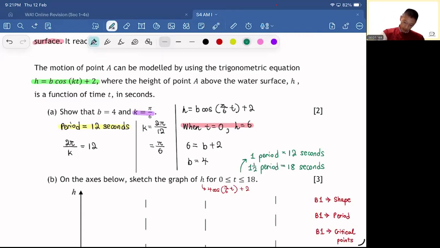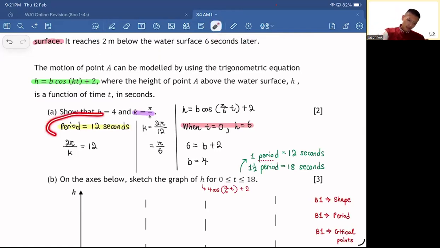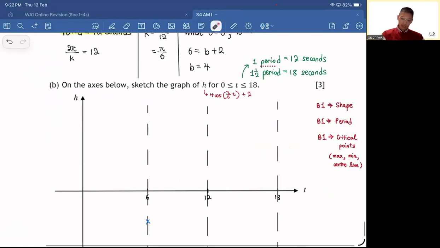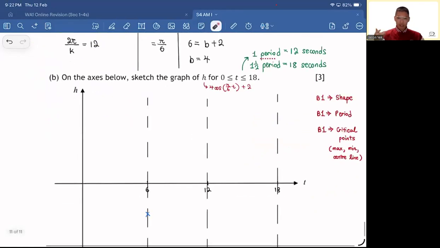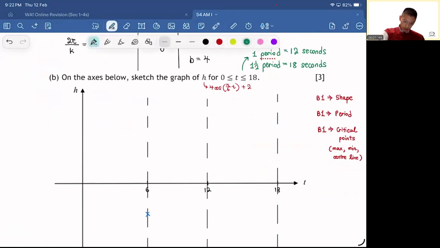Same style as what we did just now, just that now we are working with a bit of unfamiliar numbers, but not so unfamiliar if you know the period. Once we get this down, again, we know we are sketching 1.5 periods. Let me just erase. Okay, split to 2.